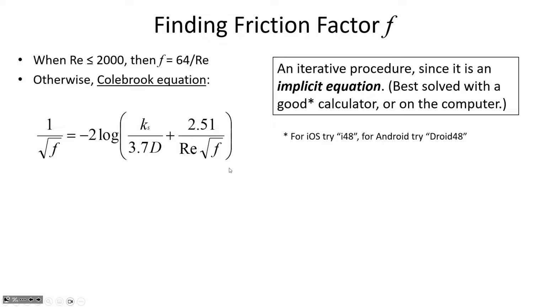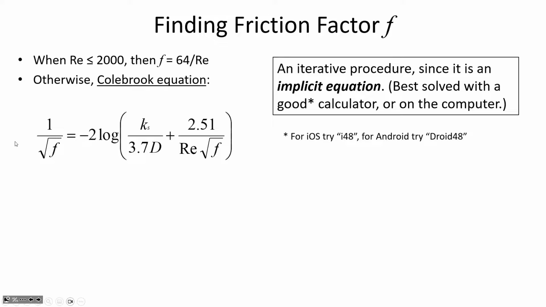Maybe if you had some patience after 30 or 45 seconds, it would converge and solve for F. But the annoying thing is that you don't have a full keyboard on the Casio calculator, and so you can't type in variables such as RE or F. Well, maybe F's on that keyboard, but it doesn't have the entire alphabet for assigning variables, and so I find the Casio a little bit cumbersome for solving the Colebrook equation, and I'll show you in an example today how to solve it using Microsoft Excel.